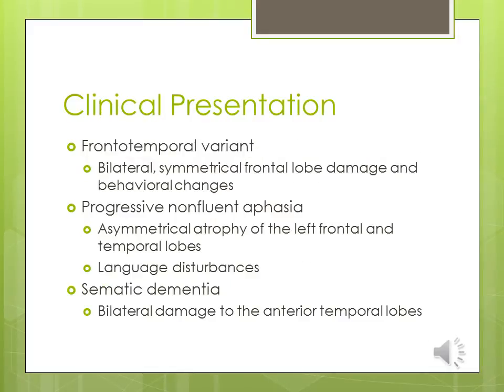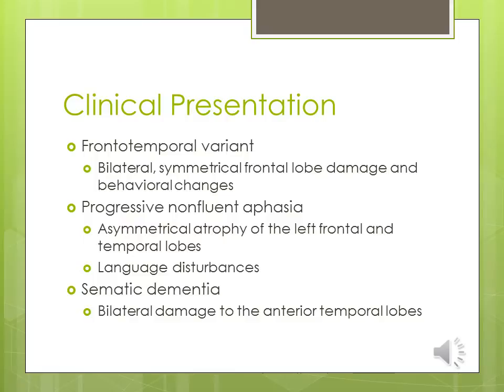So for the clinical presentation of these various subtypes, for the behavioral variant, there is bilateral symmetrical frontal lobe damage and behavioral changes. For progressive non-fluent aphasia, there's asymmetrical atrophy of the left frontal and temporal lobes, and you will also see language disturbances because of where it's affected on that lobe.